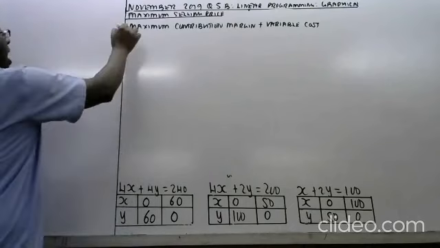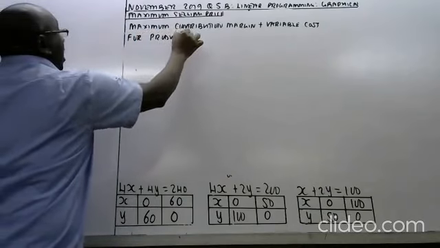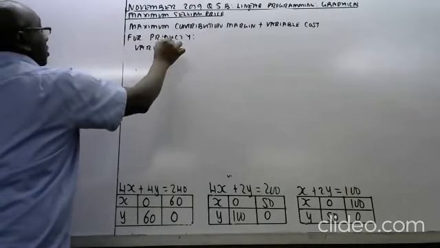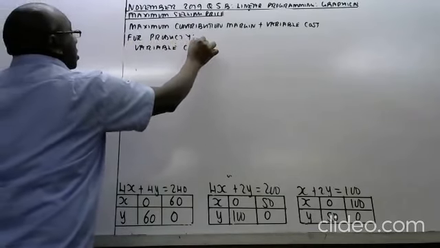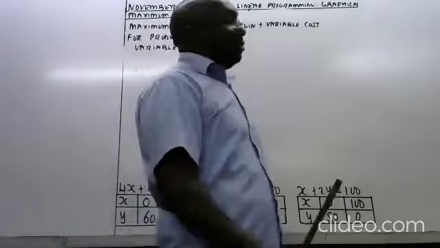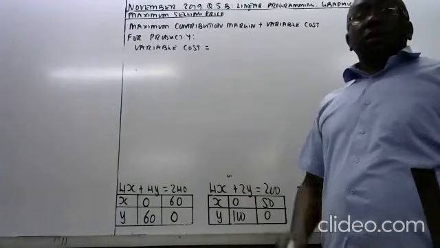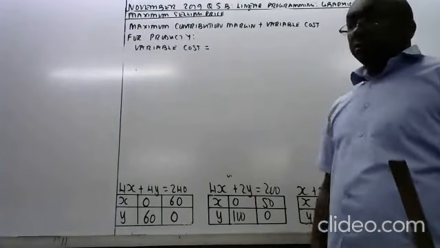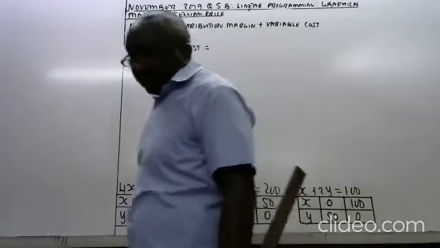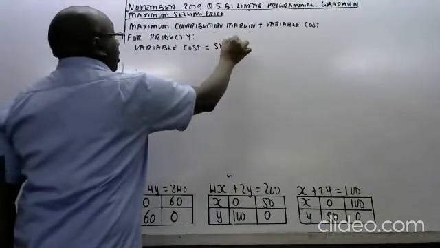So for product Y, what was the variable cost of product Y in the question paper? It was 300. Good. It is shillings 300.